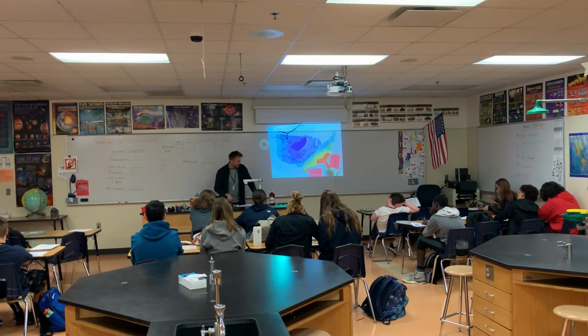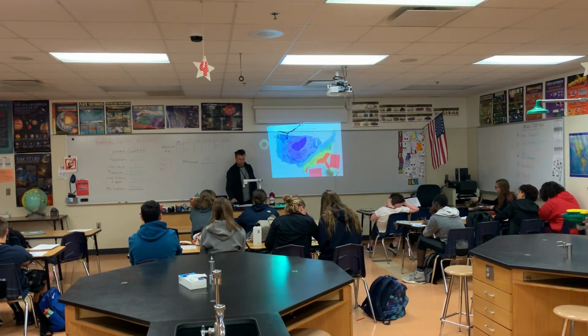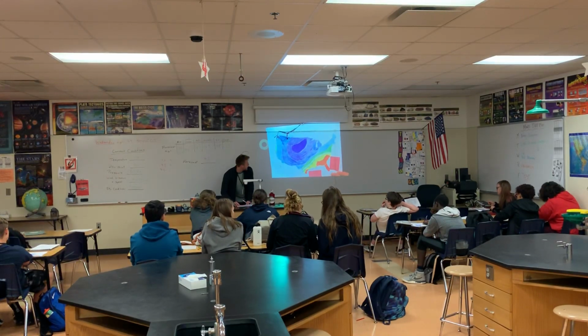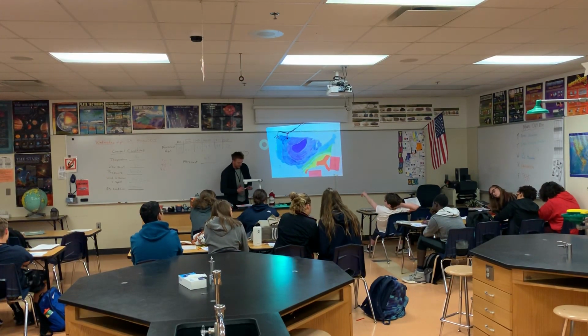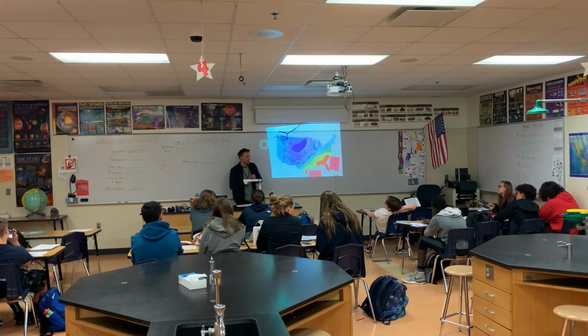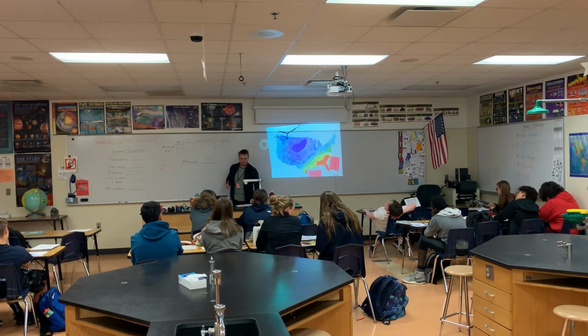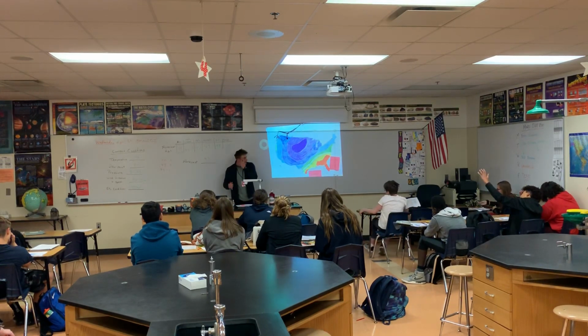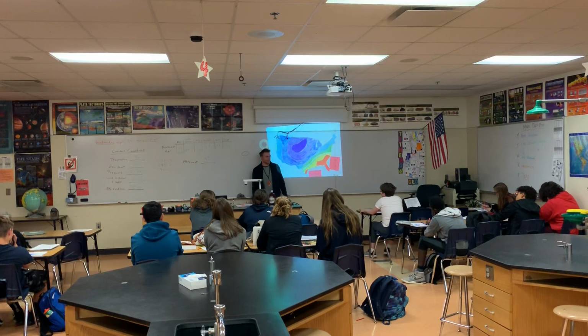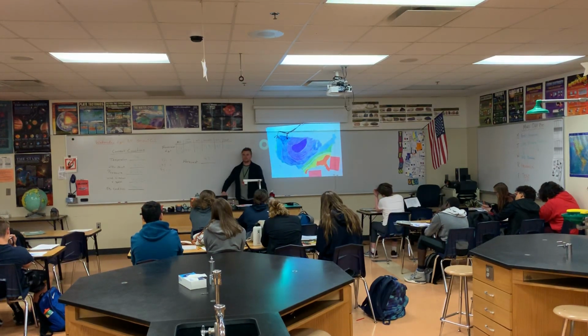And then following that, where do you think the warm front would be? The orange, okay. Anybody else want to take a guess besides the orange? Yeah. Light purple? Okay. Any other guesses? No?